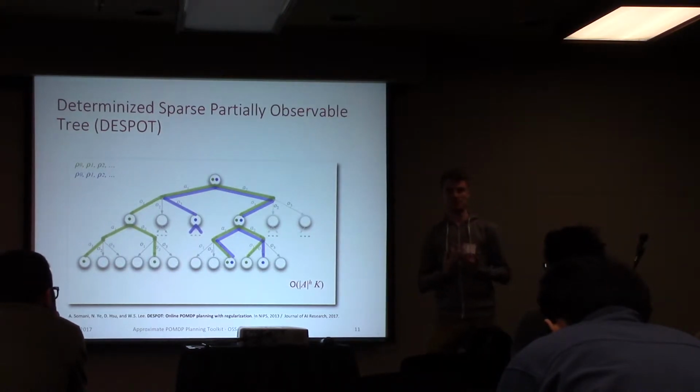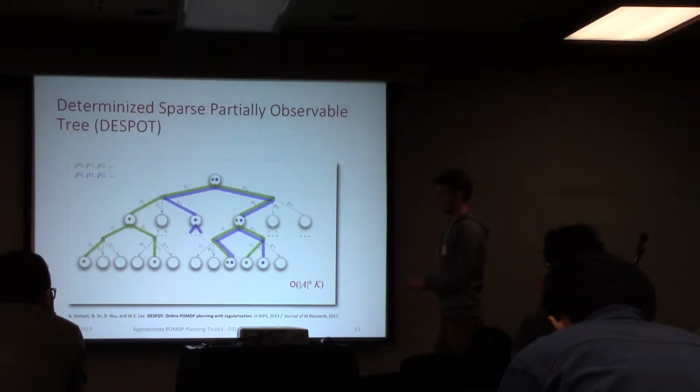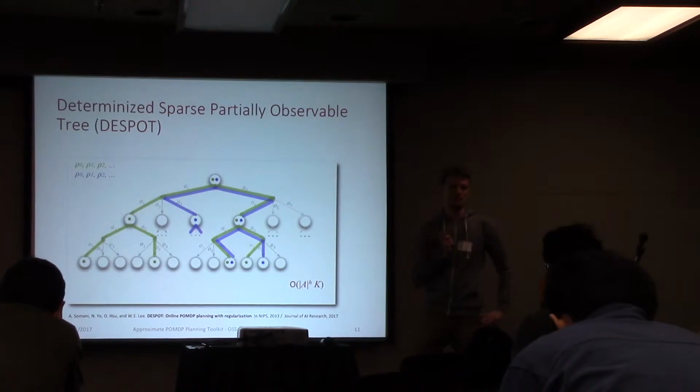This is also the name of our algorithm. What we are going to do now is derive a policy from this subtree instead of the full tree. The size of this tree is a lot smaller, as I just told you before. This is only a constant rather than exponential number of observations.